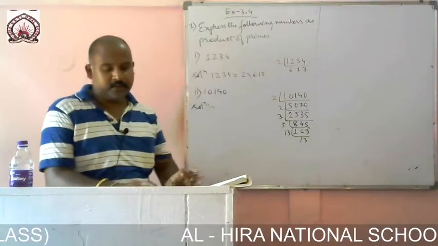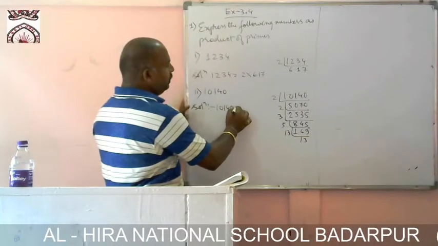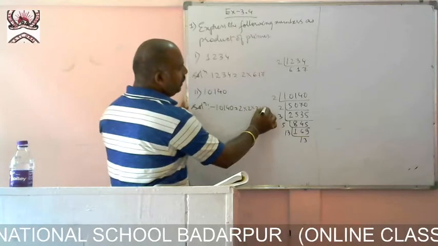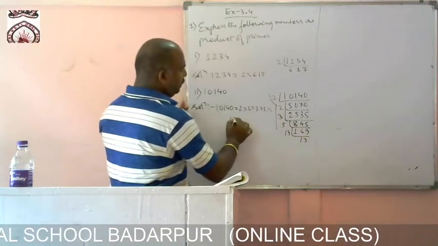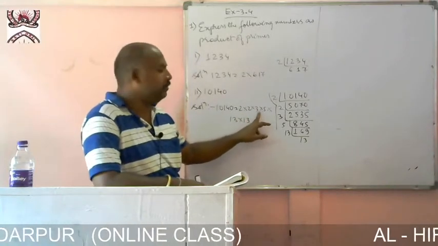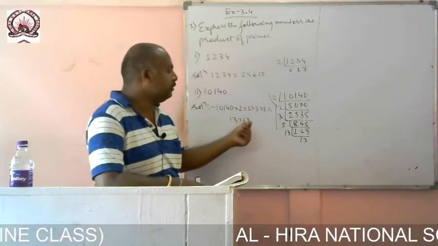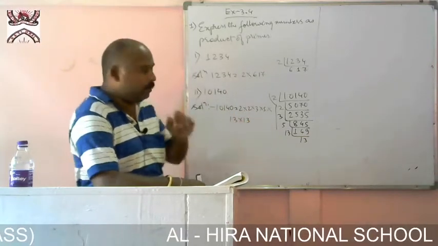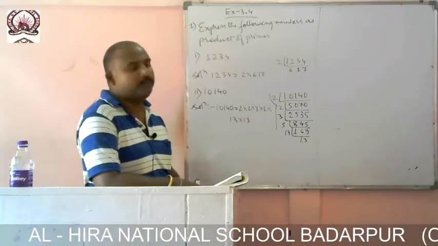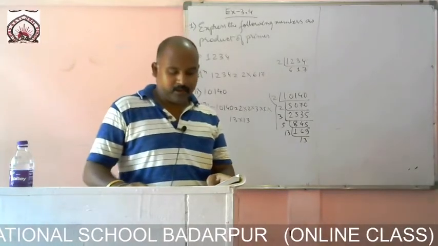Then the factors we are getting are: 10140 is written as 2 into 2 into 3 into 5 into 13 into 13. Here 2, 3, 5 and 13 are all prime numbers. So 10140 is written as the product of prime numbers.